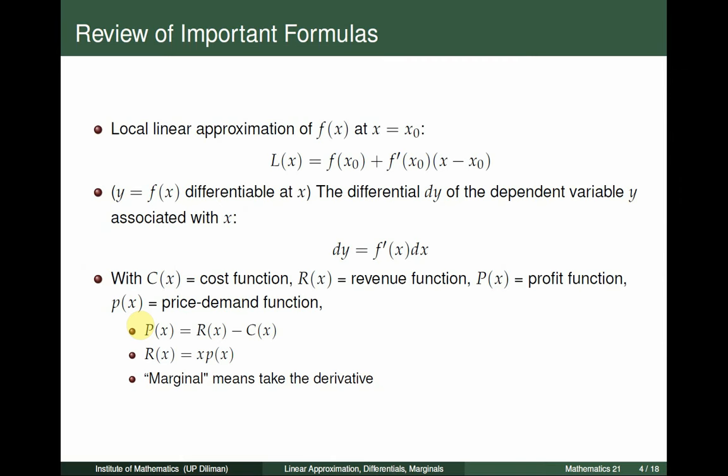Also, the revenue function, r of x, is x times p of x. So, the number x sold times p of x, the price per unit sold. And finally, if you see marginal before cost, revenue, or profit, that means take the derivative. In other words, for example, if you see marginal cost, that is c prime of x, and so on.